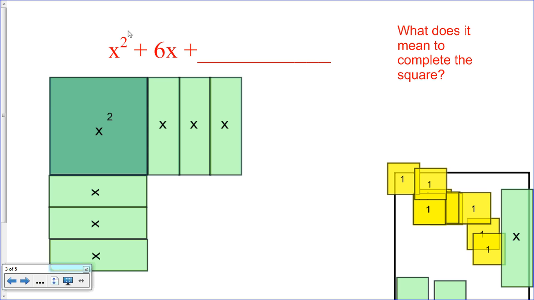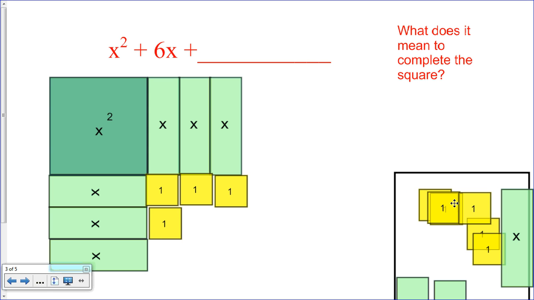I got x squared plus 6x plus blank. So what do I need to complete my square? I've got 3 x's here and 3 x's there so that all my sides are equal. And I need how many of these in order to complete my square?